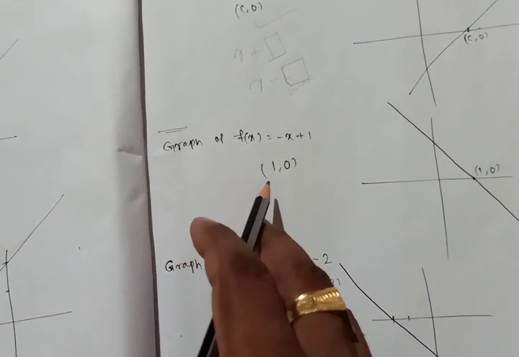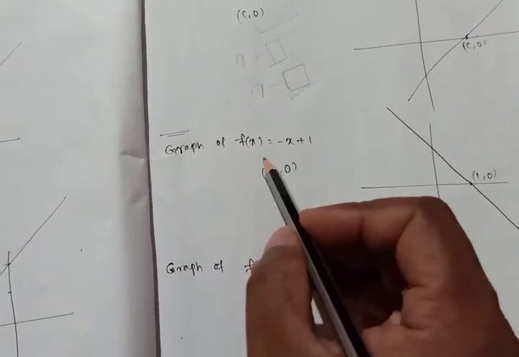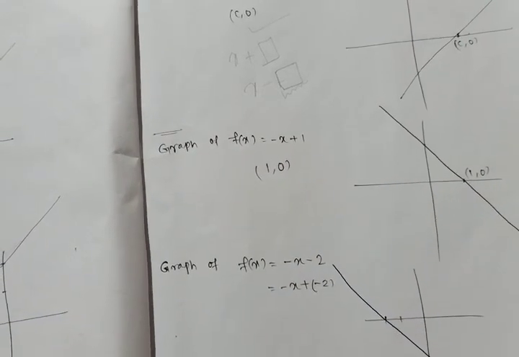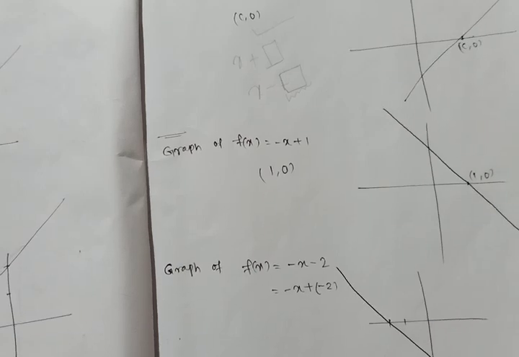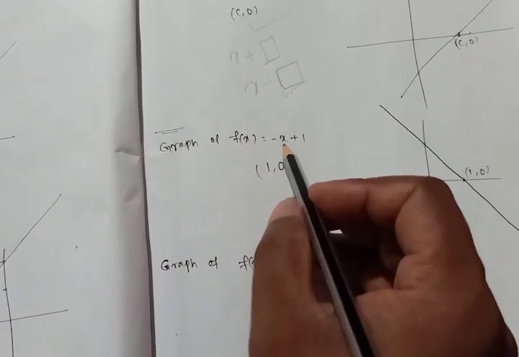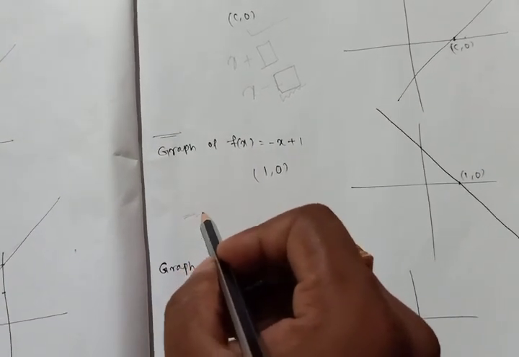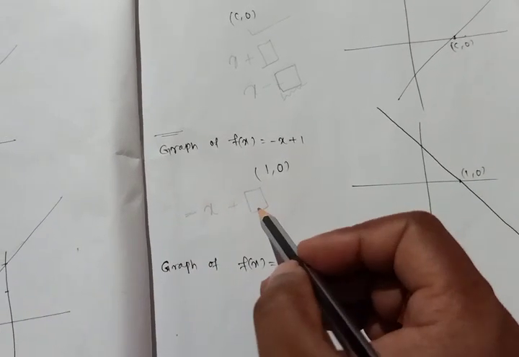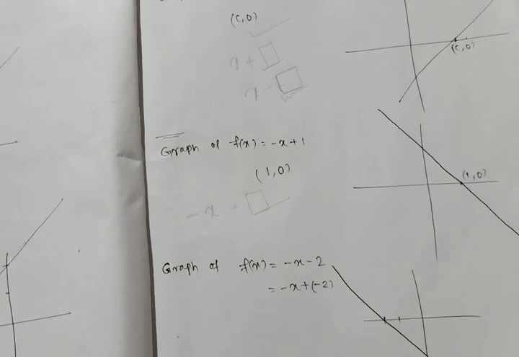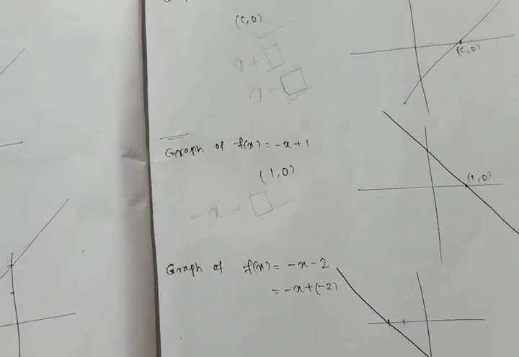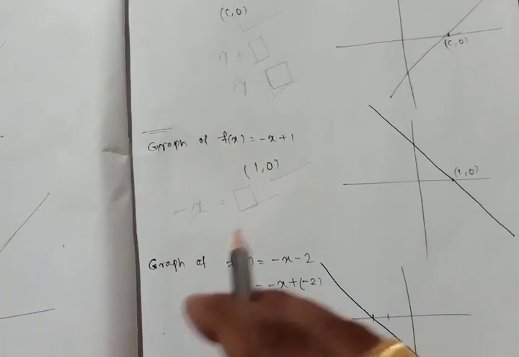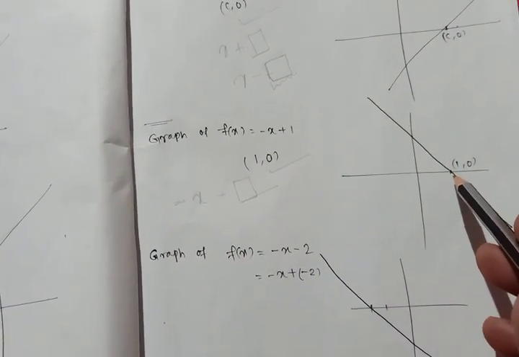Okay, so now the issue is that it will make an angle of 135 degrees with the x-axis, but the question is at which point you have to draw it. In such a case try to write it as x plus something, and the straight line will pass through the point (minus something, 0). So what do we get in place of something? Here we get 1. Okay, so here we get the straight line.